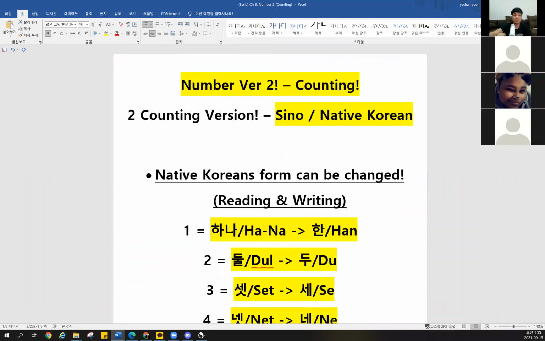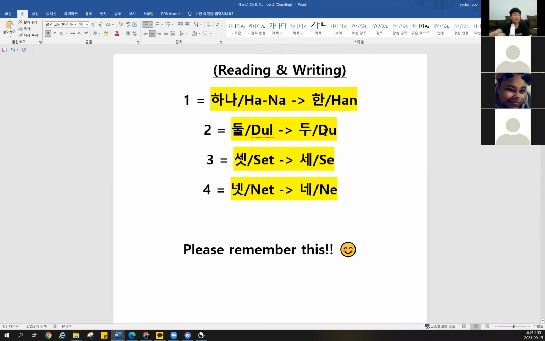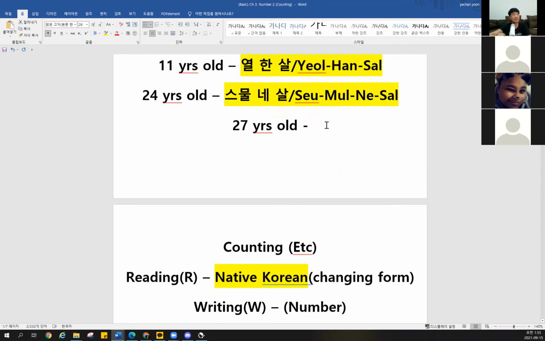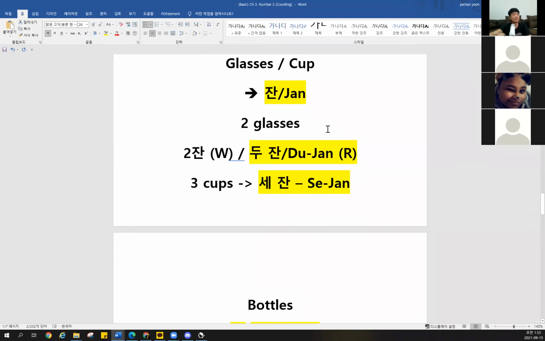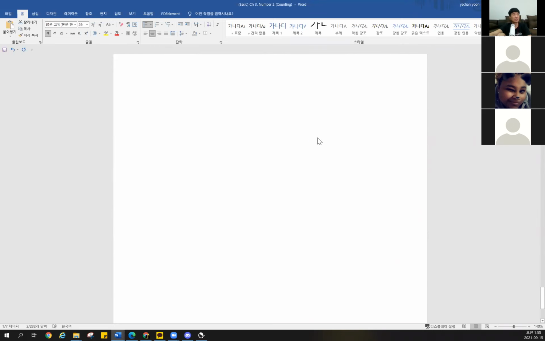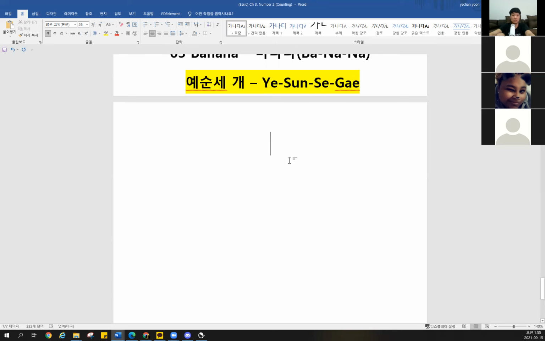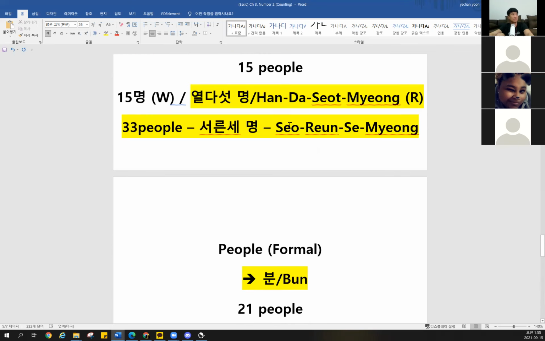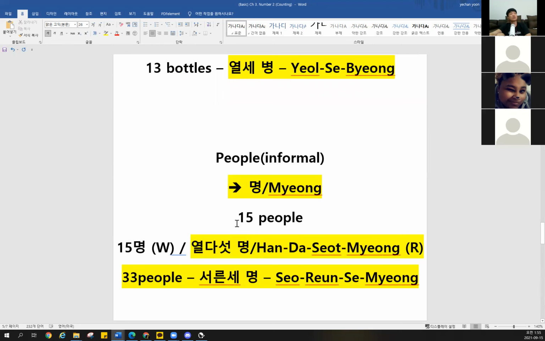Okay. So Abigail asked how come it says 15, but it is pronounced 한다섯. Okay, so let's do it like this. There's the example for this one, right? Yeah, like that. So 15 people, if you want to count with native Korean numbers, what was the format?